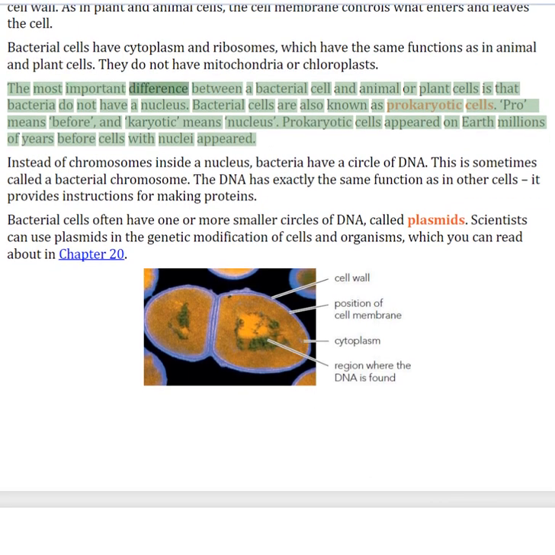The most important difference between a bacterial cell and animal or plant cells is that bacteria do not have a nucleus. Bacterial cells are also known as prokaryotic cells. Pro means before, and karyotic means nucleus.